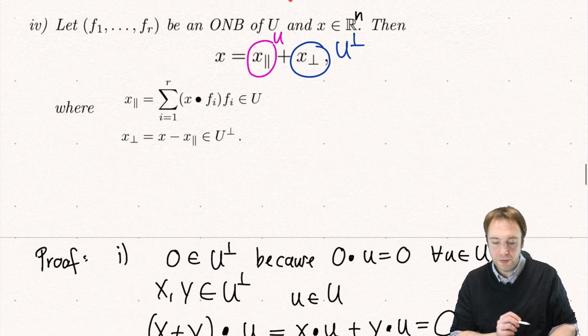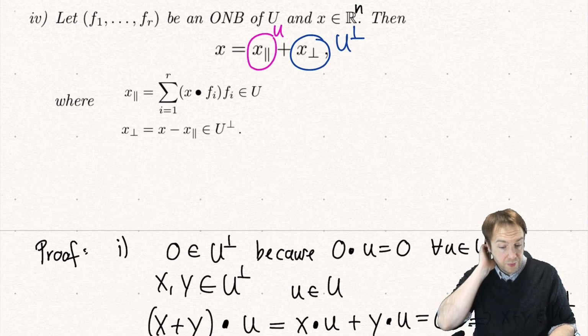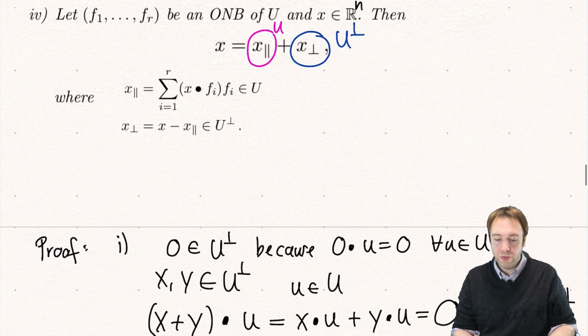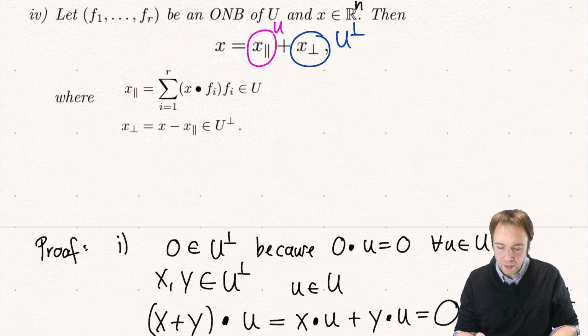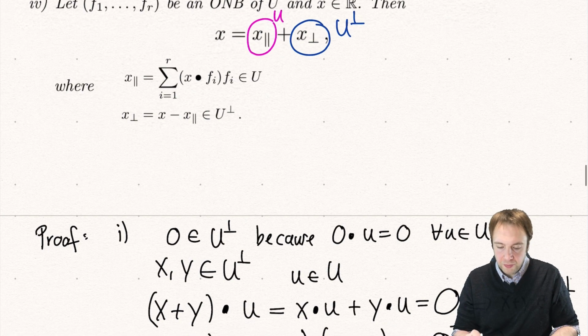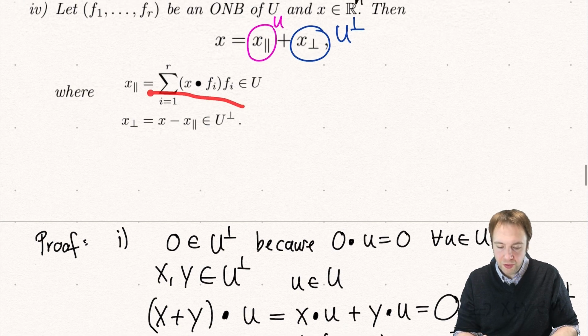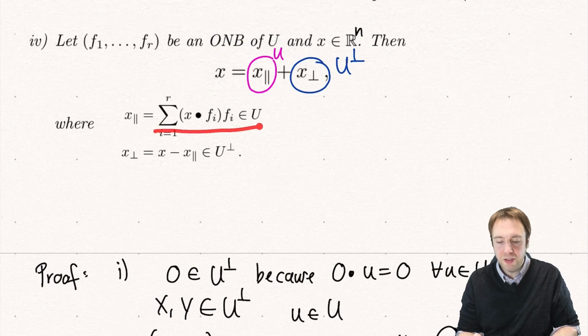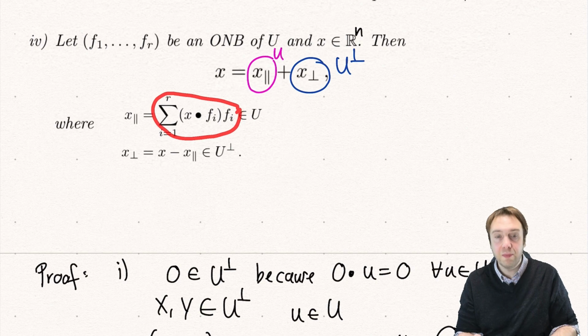And now to number 4. So we now have an orthonormal basis, and we want to show that X can be written like this. Clearly this is an element in U, because it's just defined as a sum of elements in the basis.